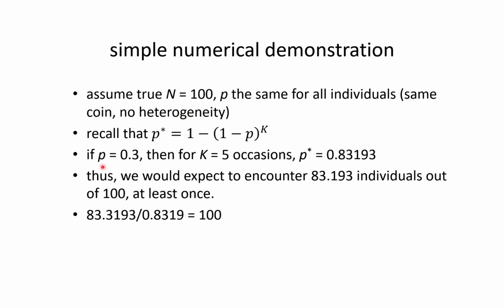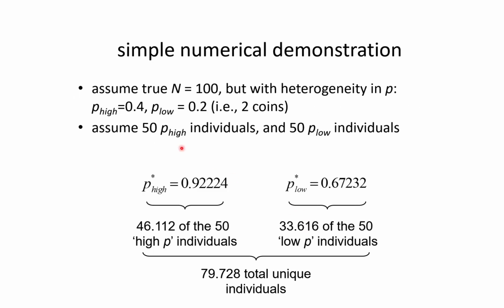So in the preceding slide, when P was 0.3, if everybody was flipping the same coin, we would expect to encounter 83, and then we would get an estimate of 100, an unbiased estimate. But now, instead of everybody having 0.3, some individuals have 0.4, some have 0.2, the mean is 0.3, but now we have heterogeneity.